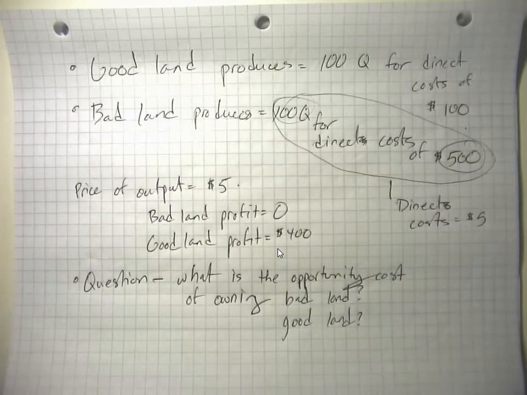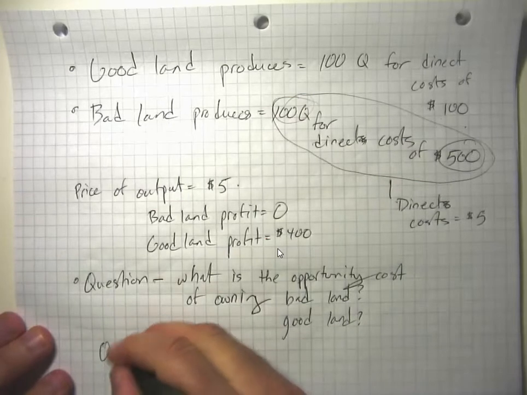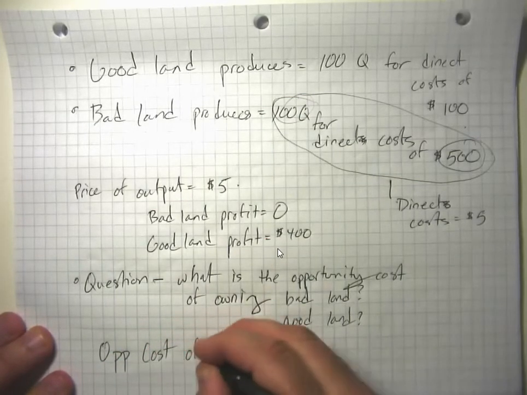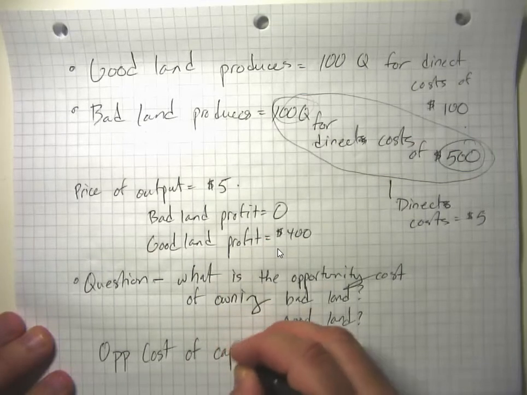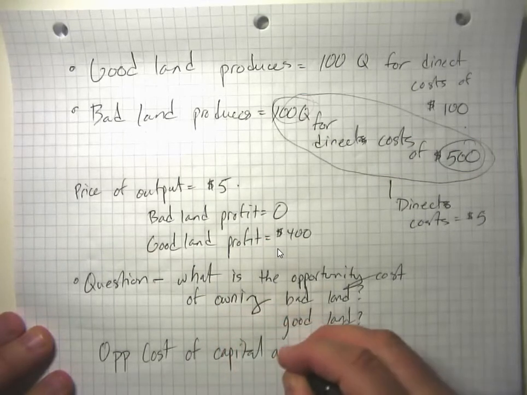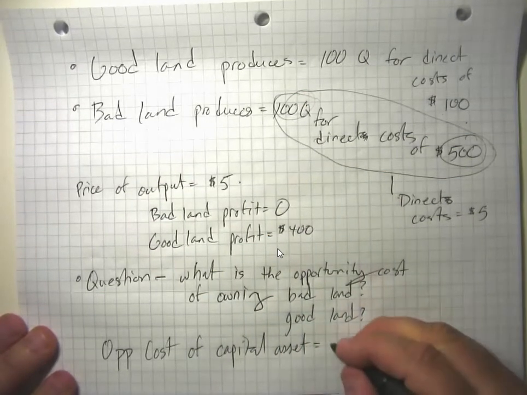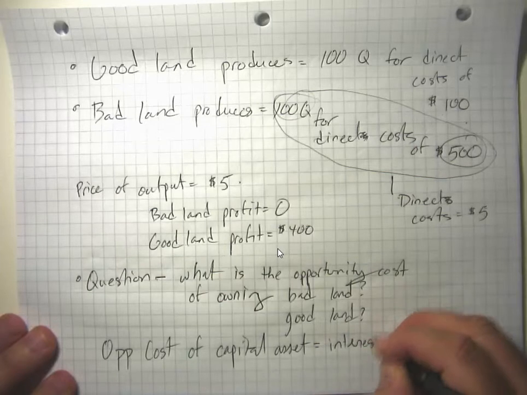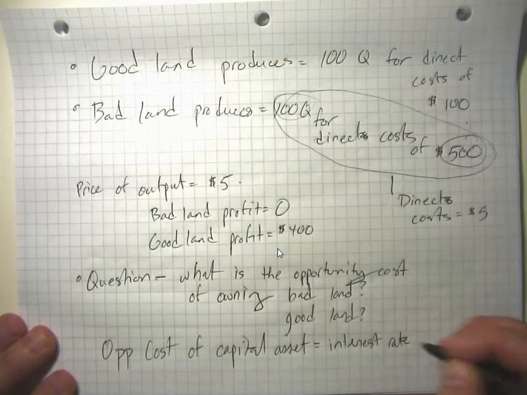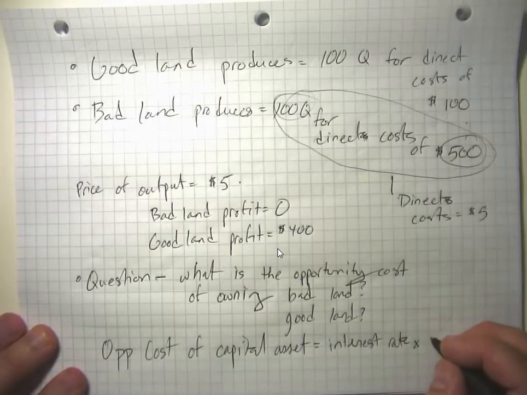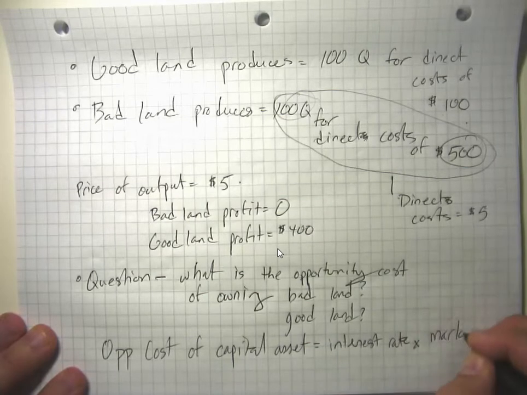If we did know, then we could think about the opportunity cost of a capital asset, the fact that we're going to use this capital asset rather than selling it. It is the interest rate plus depreciation rate, but I'm not going to include that because this is land, times the market value of the asset.